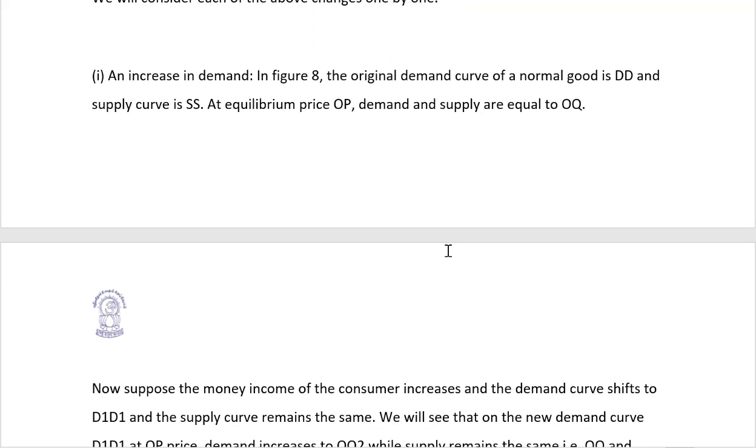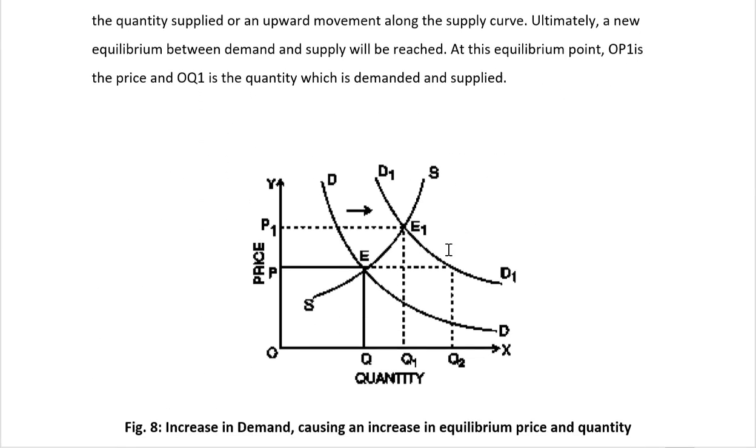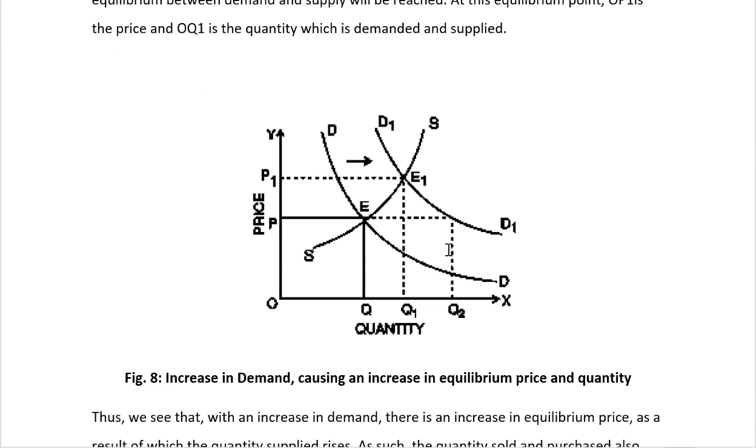Point number one, an increase in demand. The original demand curve of a normal good is DD and the supply curve is SS. At equilibrium, the price is OP, and demand and supply are equal at OQ, at point E, that is equilibrium.